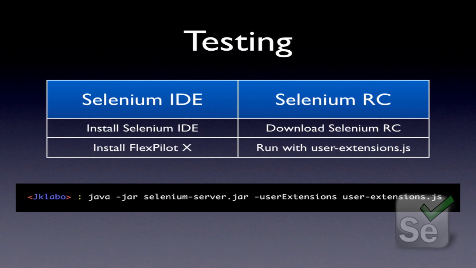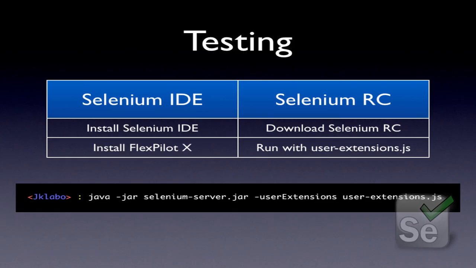And if you want to use the RC, you have to have the RC, obviously, and then you also have to make sure to run it with this user extensions file, which is a common mistake, to leave that out. So when you run the server, make sure to add on this argument at the end that it's going to look for this different user extensions file that you're providing that has all the Flexpilot methods in it.